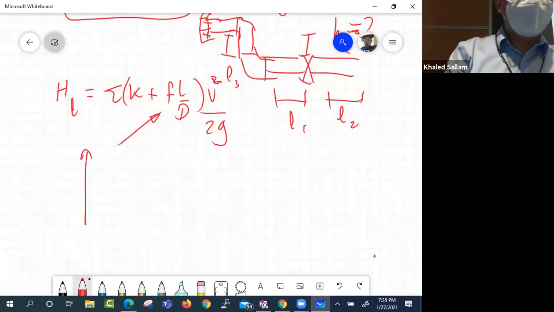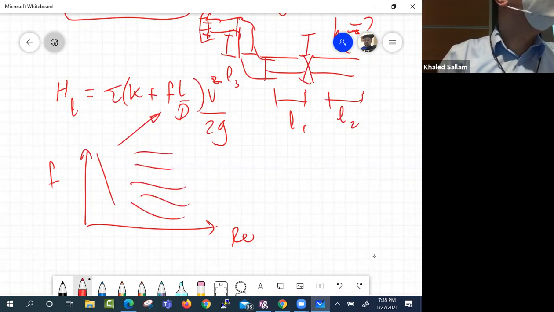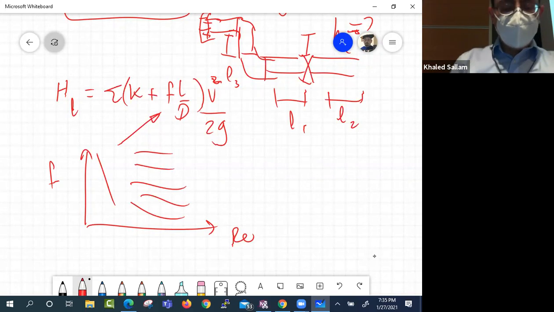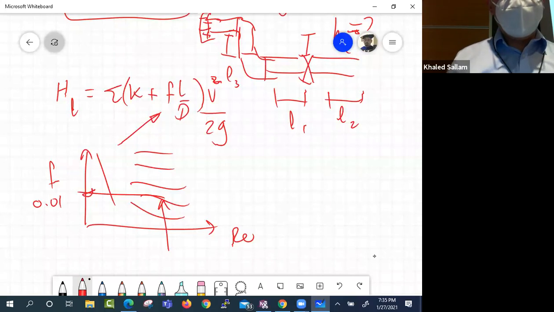Yes, Reynolds number on the x-axis, the f was on the y-axis, and there was one curve over here, and there were a bunch of curves for different, what were those curves for? Like we used to go with the Reynolds number, get one of those curves and say, our f is 0.01, for example. What are those curves for?